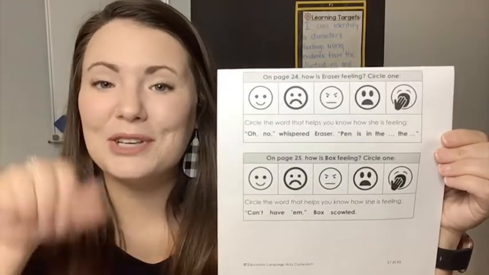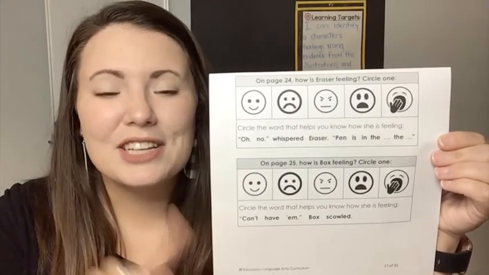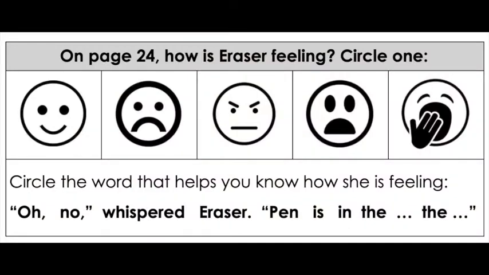Can you use your pretend pencil or marker to kind of hover over the screen and circle which feeling face matches how the eraser is feeling when they say this sentence? Go ahead and get out your magic finger and pick which feeling face matches how the eraser is feeling.